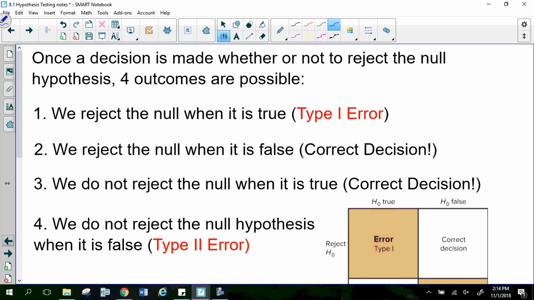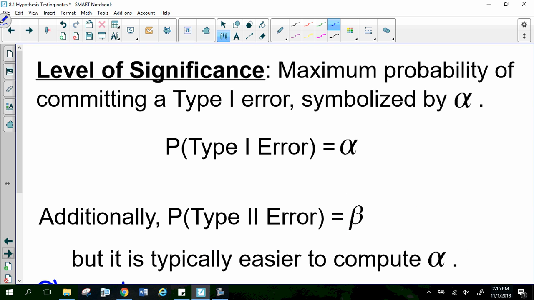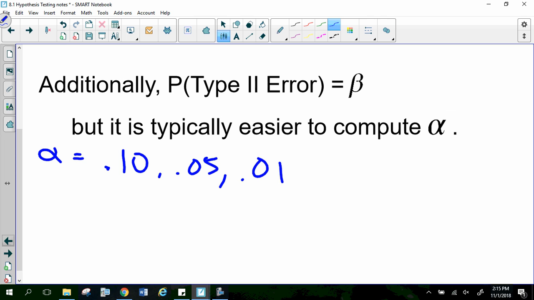So you rejected that they're innocent and they went to jail. Sounds pretty bad, right? You don't want to go to jail for a long time when you're innocent, so you want that to be small. So alpha is 0.1, 0.05, or 0.01, depending on how bad it is for you to make that error.